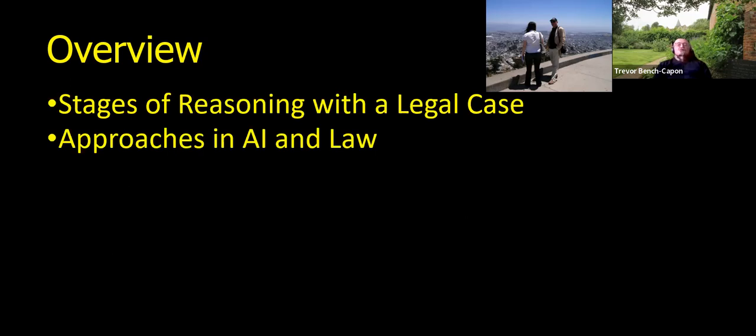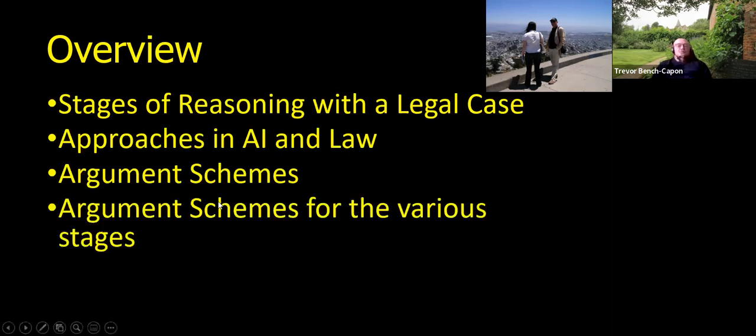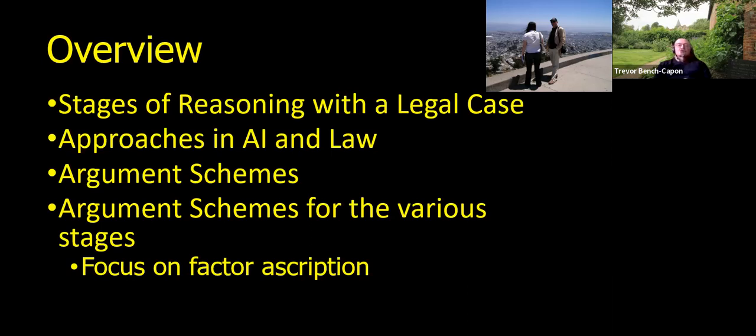I'll briefly touch on how these various stages have been approached in AI and law, say a little bit about why I like argument schemes, and then I'll use argument schemes for the various stages. And I'll focus on the stage of factor restriction, since that's relatively new.